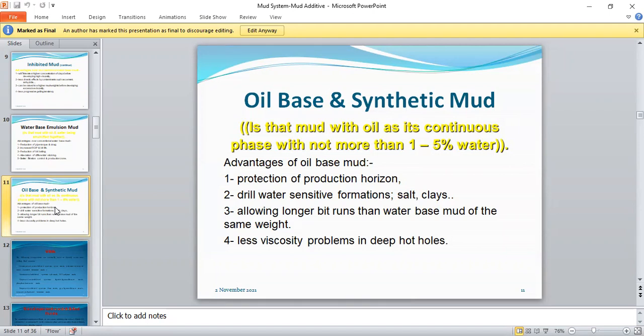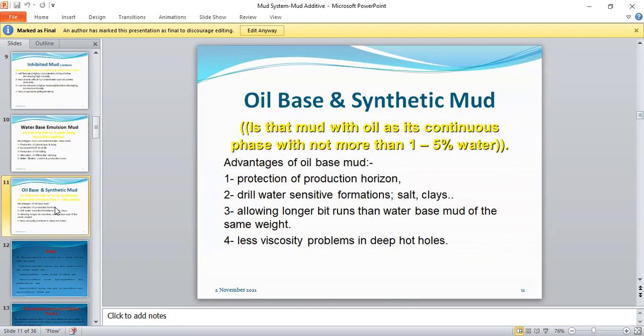Advantages of this type of mud: it is very good and very stable. The advantages of oil-based and synthetic-based mud: first, protection of the production horizon or production zone. It protects the area you're drilling, the area where you want your oil.